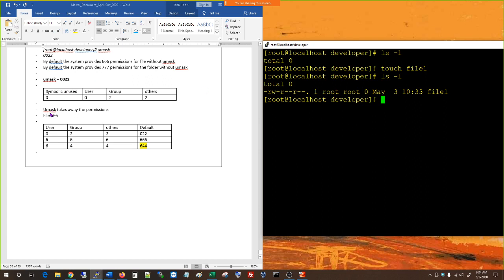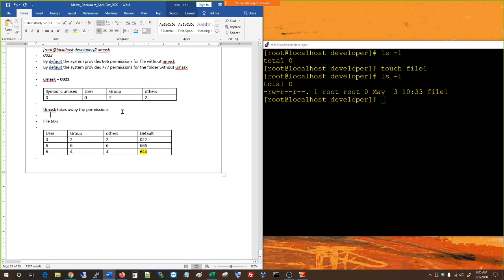The system is giving 6, and when the umask is set to 022, it's taking away the 22. Umask takes away the permissions. So that's file permission.